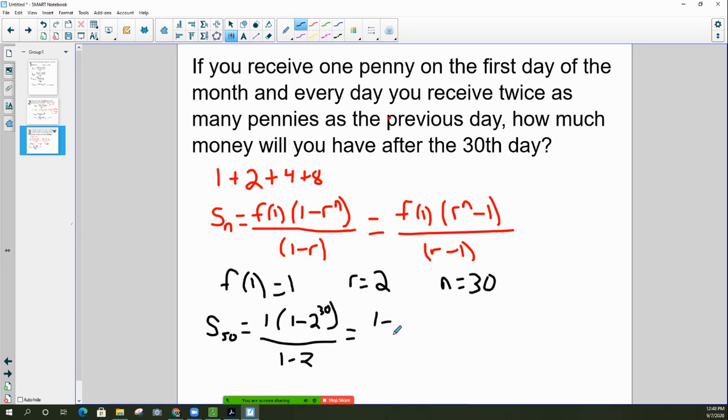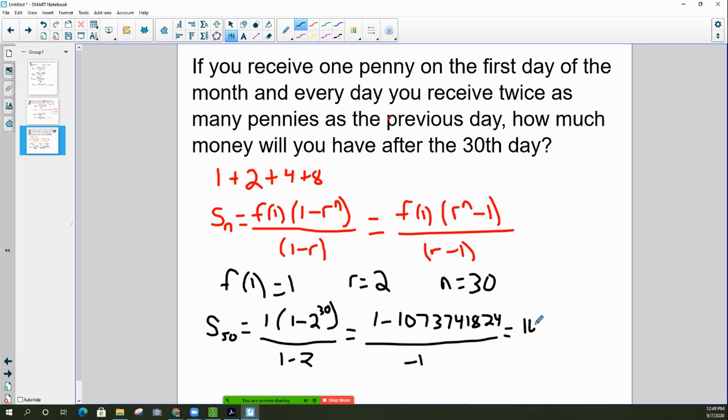If I get out my calculator and write out 2 to the 30th, it is a very, very large number. It's a huge number. And all that's going to be divided by -1. When we do 1 minus that, that's just going to become a 3. And negative divided by a negative is a positive.